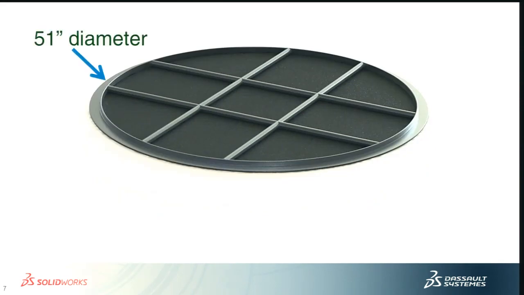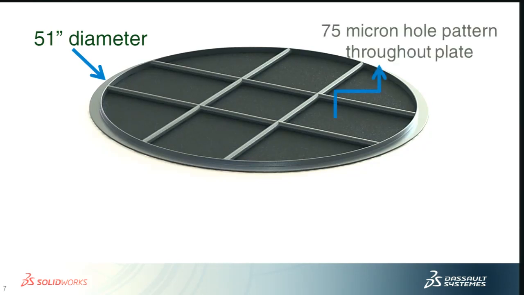So the filter itself is 51 inches in diameter, so it's pretty big, right? And we know there's a bunch of perforated holes through the filter. These are on the order of about 75 microns in diameter, right? So it's a pretty big filter, and these are pretty small holes. 75 microns is about 2.5 thousandths of an inch.